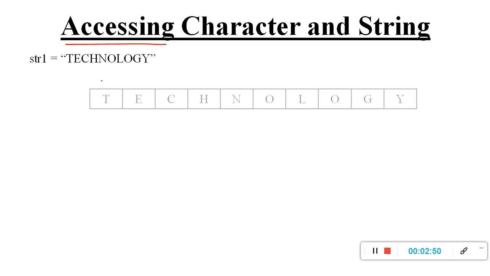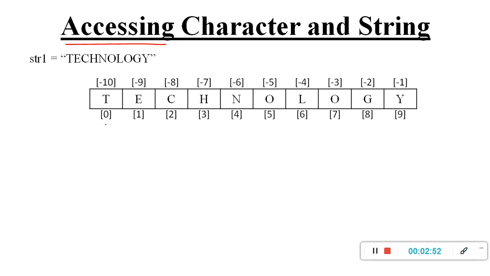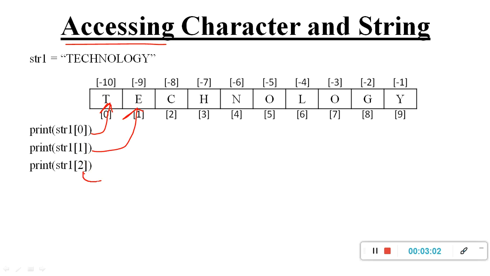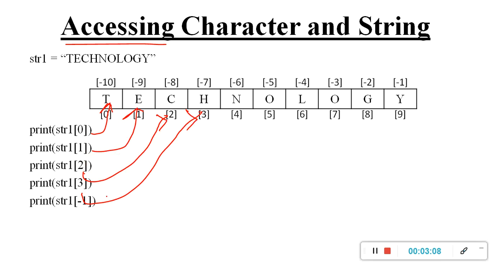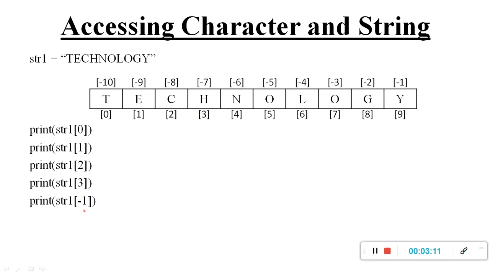Now move to the next, accessing characters in strings, that I was just talking about. So how to access? See, these are the index values. Suppose I want to access the first one, so t will be printed here, in this case E will be printed, in this case C will be printed, in this case H will be printed, and in this case, minus 1, what will be printed?